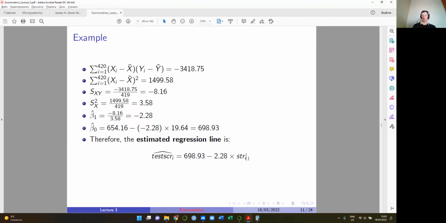The subscript i means that we are talking about a particular school district. So this is the result of our estimation. We didn't know the parameters of the regression line. Now, with the help of data, we were able to estimate these two numbers, and that was our target.